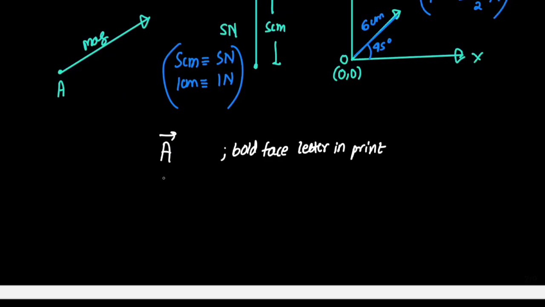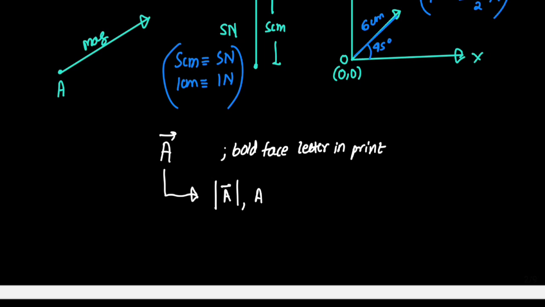Two conventions regarding the representation of the magnitude of a vector. The magnitude of the vector A can be either represented like this, or you can simply say A. Either of these is accepted. We prefer this one over this one. This one is more clear, and this one is the most used one.